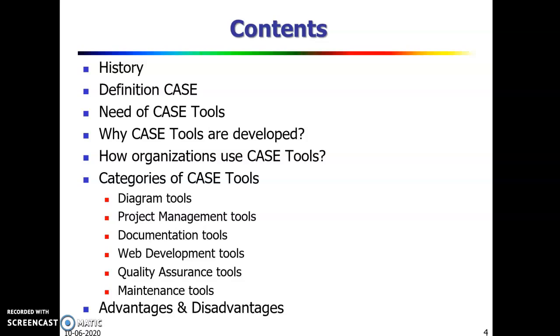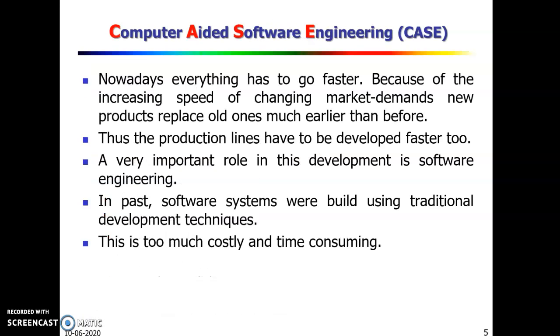CASE is nothing but computer-aided software engineering tools, with which we can develop automated software for testing tools, for maintenance tools, for development tools. There are so many computer-aided software engineering tools available.